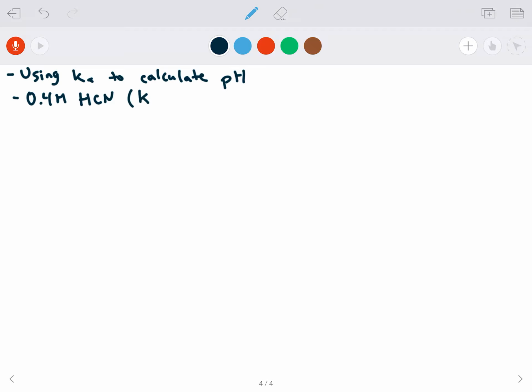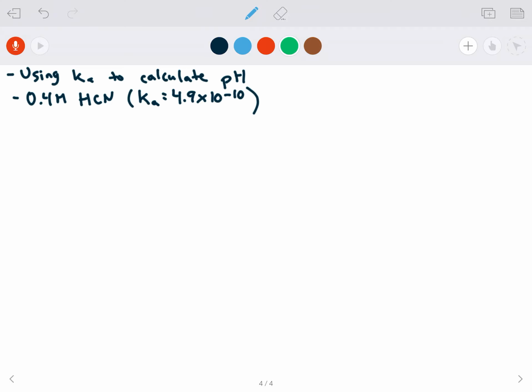Now I want to run through another example here, and this time it's using Ka to calculate pH. All right, in this example, we have a 0.4 molar solution of HCN, and HCN has a Ka of 4.9 times 10 to the minus 10th.